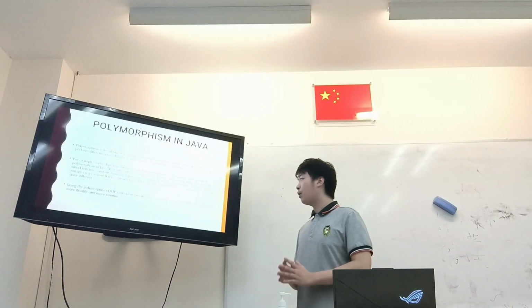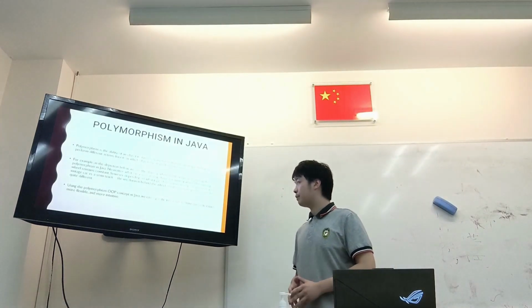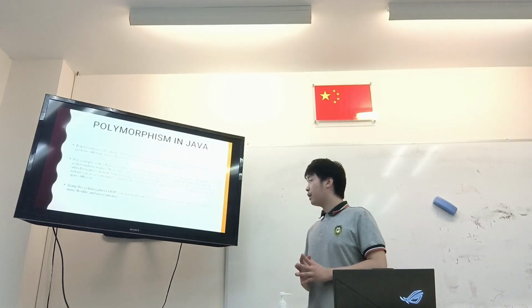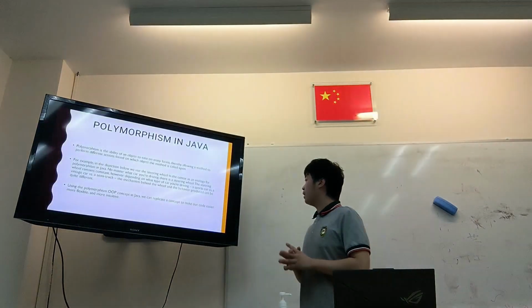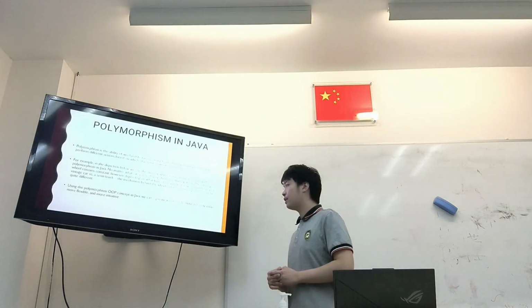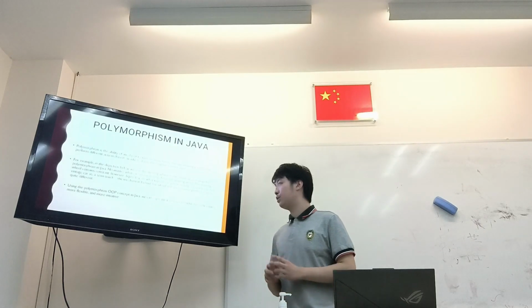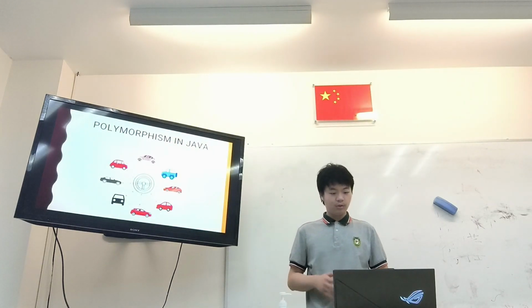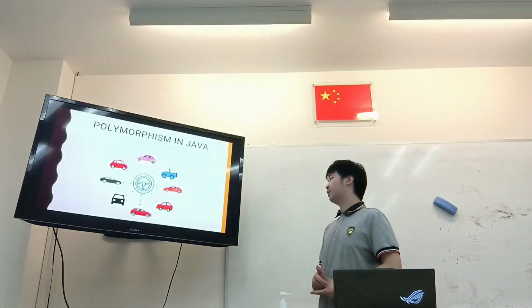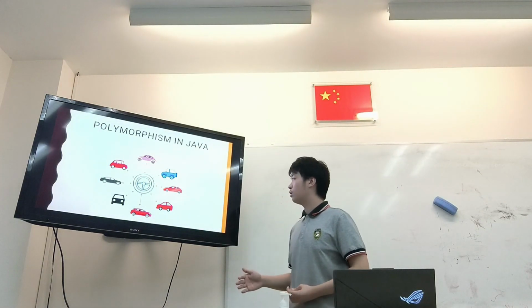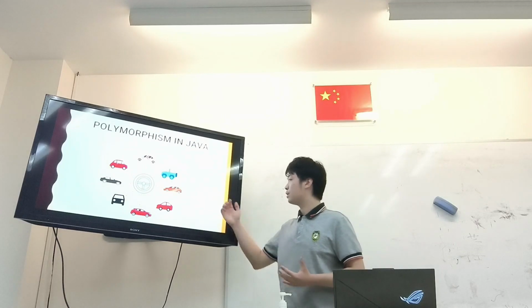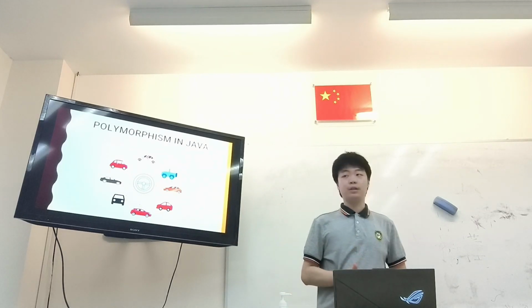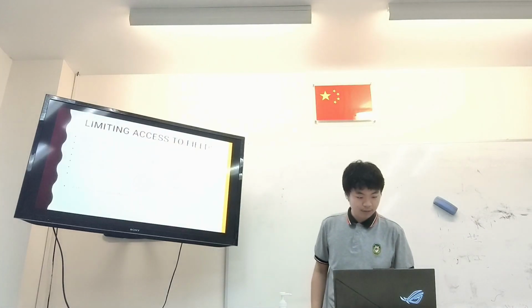So using the polymorphism OOP concept in Java, we can replicate a concept to make our code easier, more flexible, and more creative. You can see from the picture that all kinds of cars have this, so it can represent the concept of polymorphism.